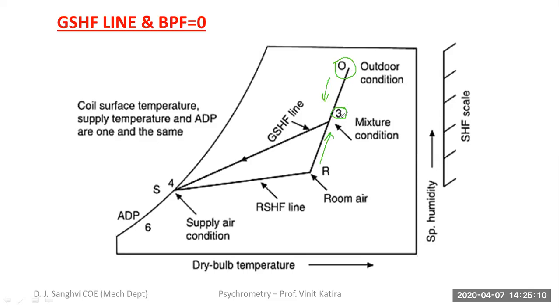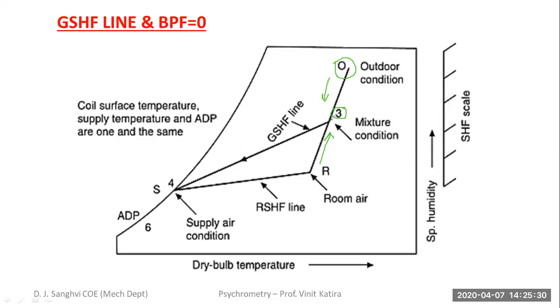It depends on the fraction of whichever air is greater. If your room air is greater, which generally is the case, then point number 3 is going to be closer to the room air condition.